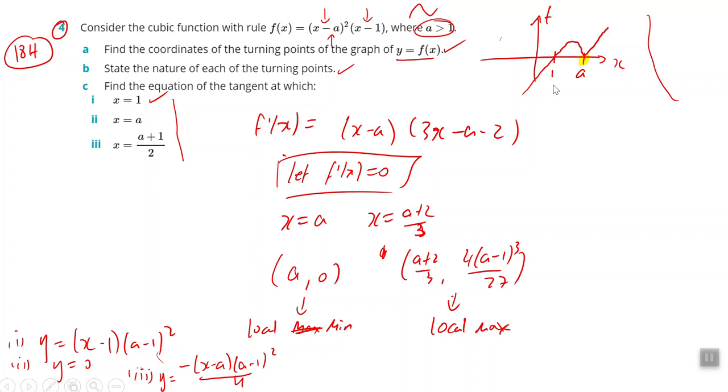All you need to show is that (a, 0) is a minimum based on the original graph, and the other is the local maximum because we already used up the minimum, so the leftover is the maximum. For finding equations of tangents, just sub in your values and use the tan line command. Hopefully that helps.